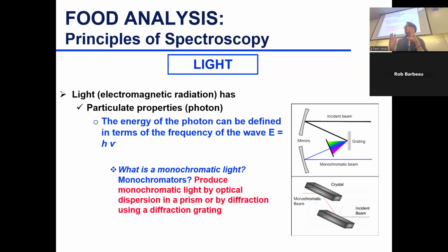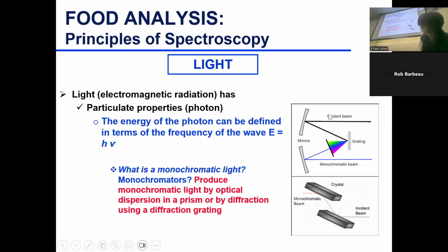Monochromators are the units that you have in a detector that convert polychromatic light to a singular monochromatic light. So in a detector, when you want to quantitate, you have a grating system.